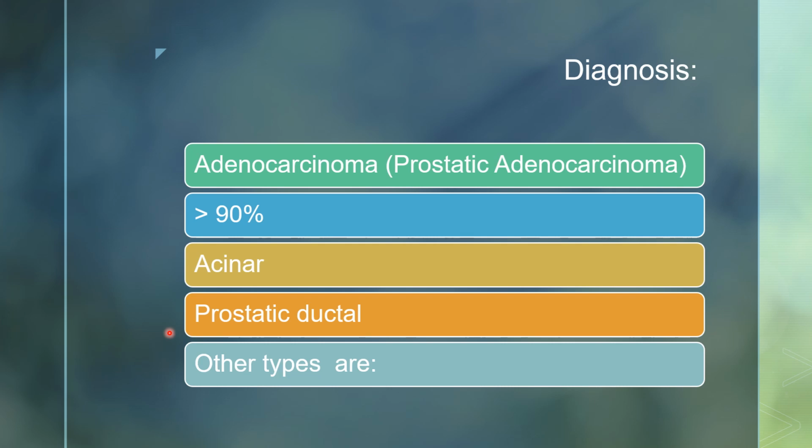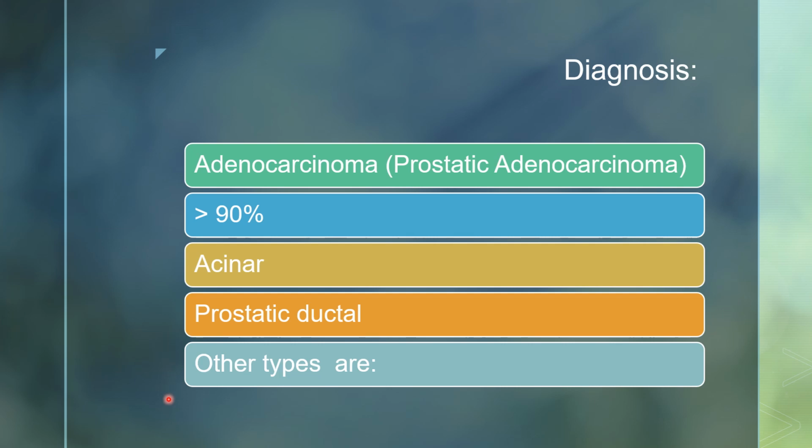If you have prostatic ductal adenocarcinoma, your PSA may not be high, yet you have a very dangerous cancer, more dangerous than the acinar. Therefore, it is pretty easy to miss the diagnosis of prostatic ductal adenocarcinoma.